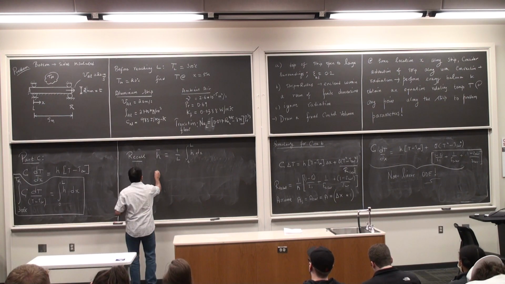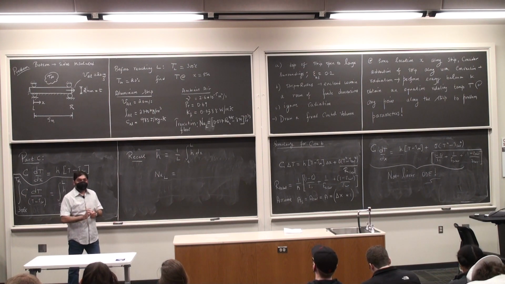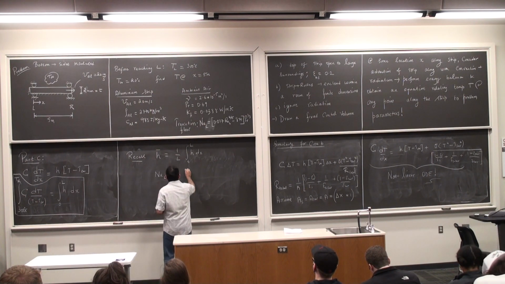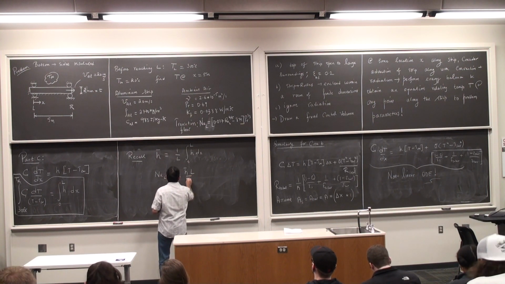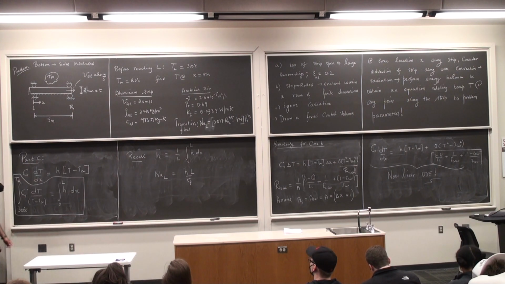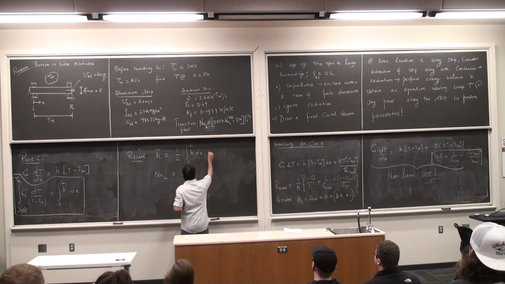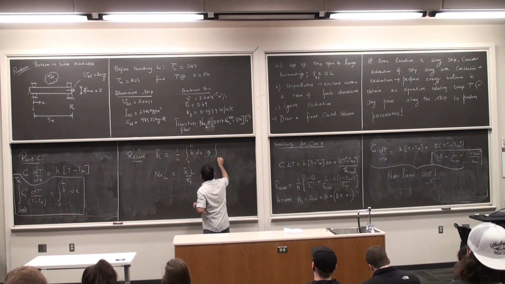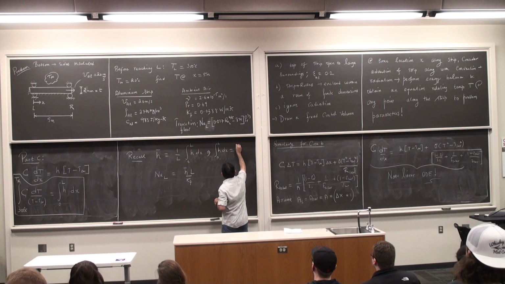Also recall the bulk Nusselt number or the average Nusselt number is h bar times L by Kf. So you see from the first equation, integral 0 to L h dx is h bar times L.